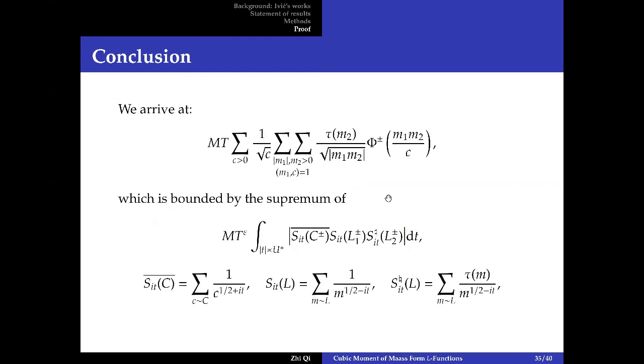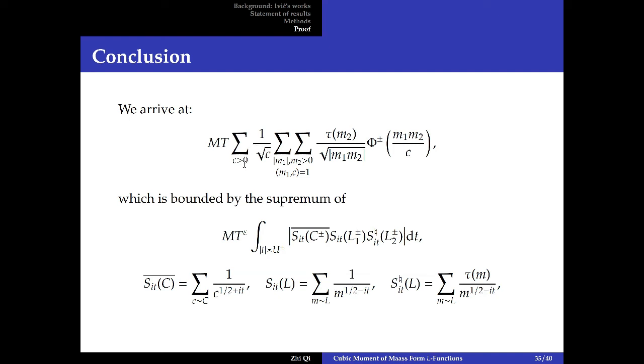Now let's come to the final stage. After the approximate functional equation, Kuznetsov-Voronoi and Poisson, and everything that Xiaoqin Li and Matthew Young have done, we arrive at this expression.